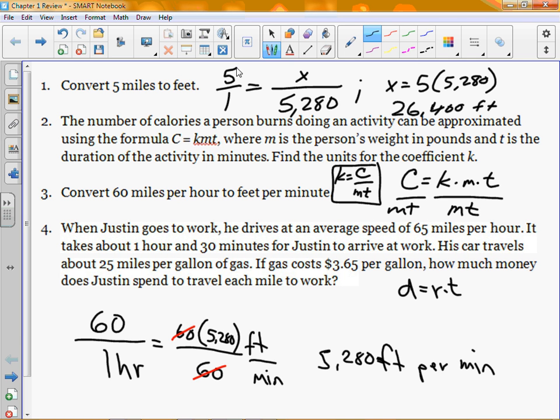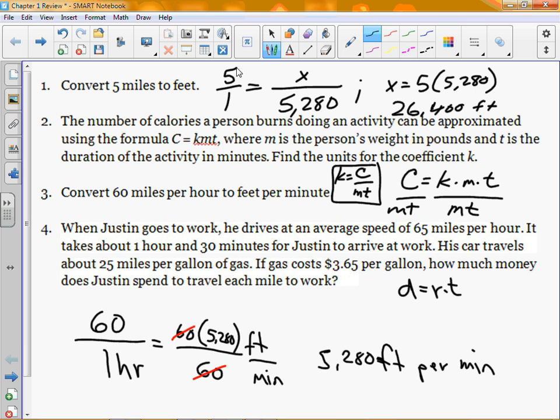Well, if I'm going 65 miles per hour, and I do that for an hour and a half, be careful there. Don't put 0.3 because it's 30. Put 0.5. Where'd I get 0.5 from?